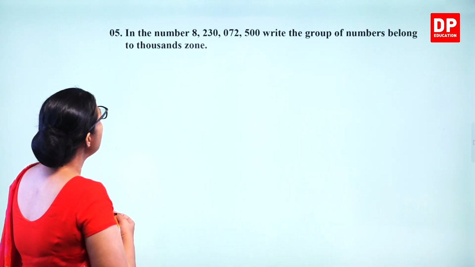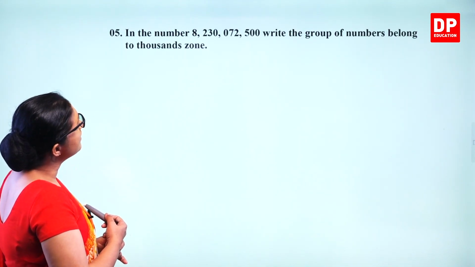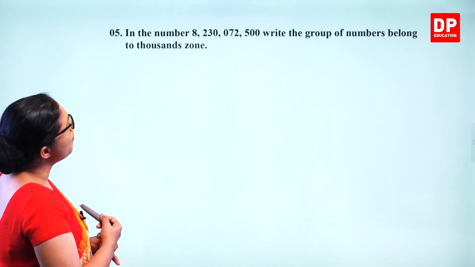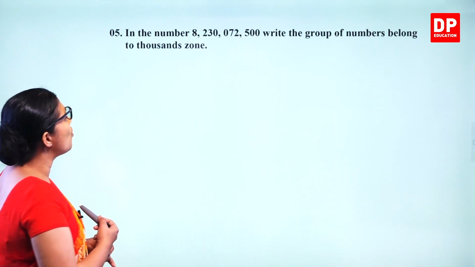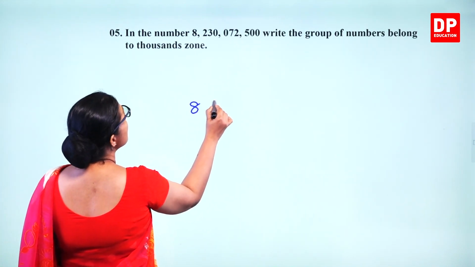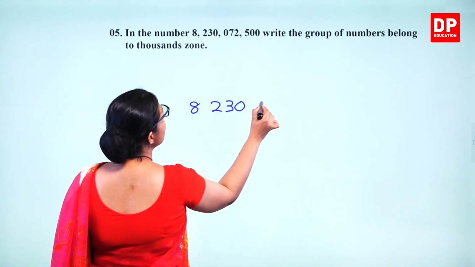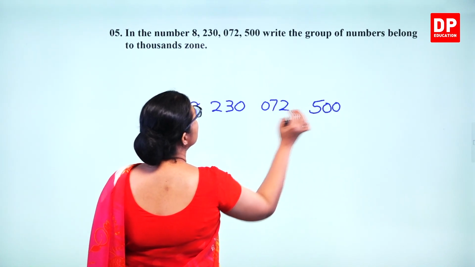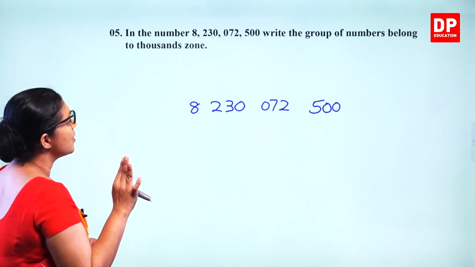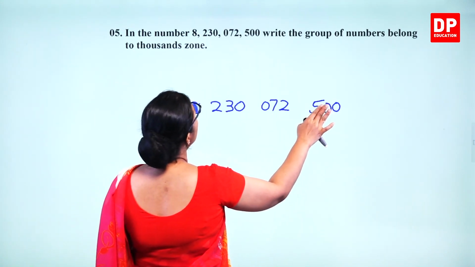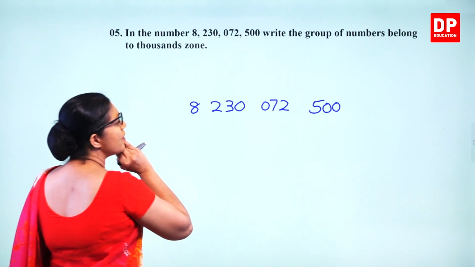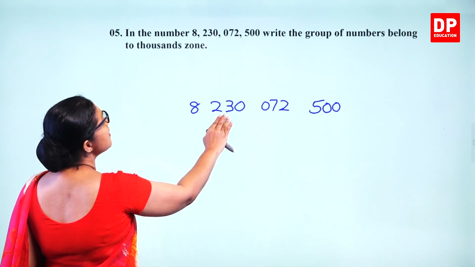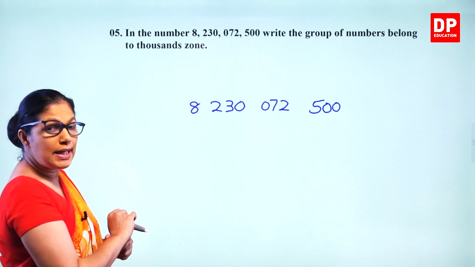Question number 5. In the number 8,230,072,500, the group of numbers belonging to the thousands zone. So this is divided into zones. So this is hundreds, this is thousands, and this is millions.